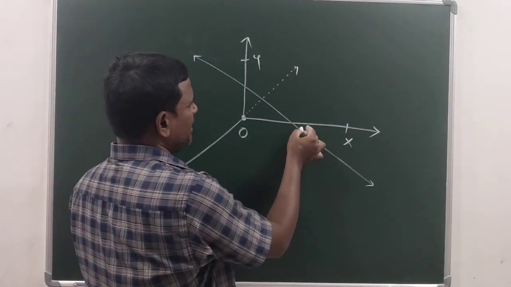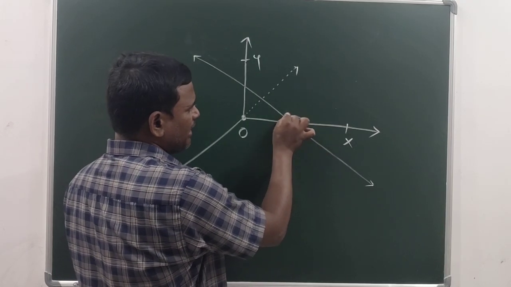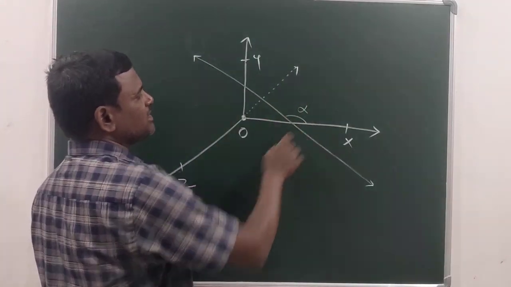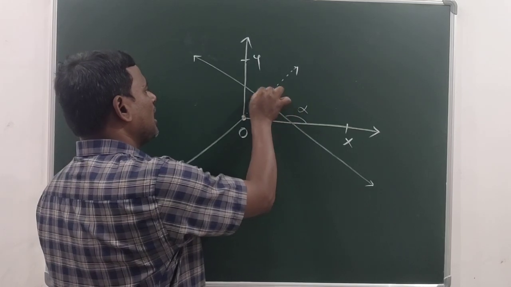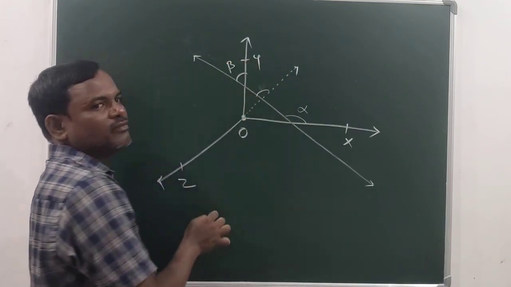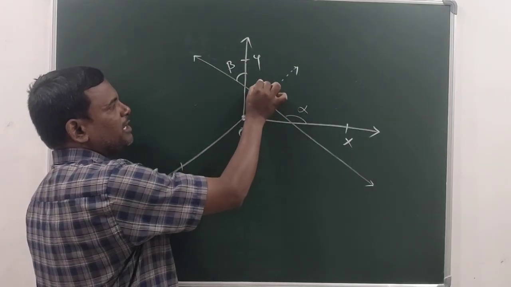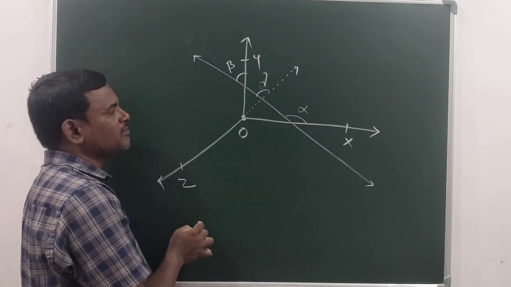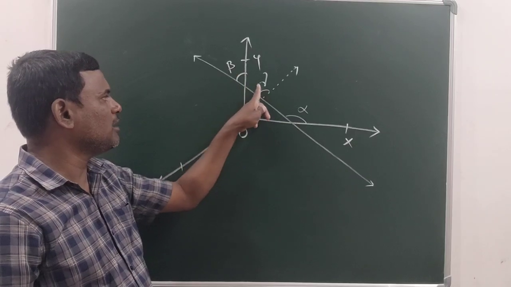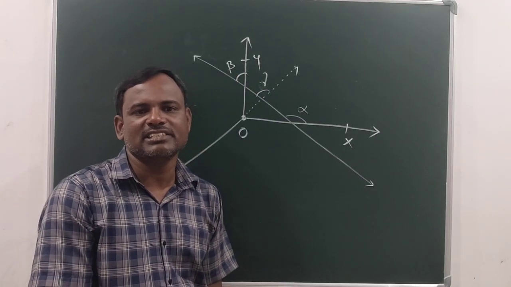Let us take this one as alpha, the angle made by this line with the x-axis. This is the angle made by this line with the y-axis, let it be beta. And this is the angle made by this line with the z-axis, so let it be gamma. What are alpha, beta, gamma? Angles made by that line with the x, y, z axes respectively.